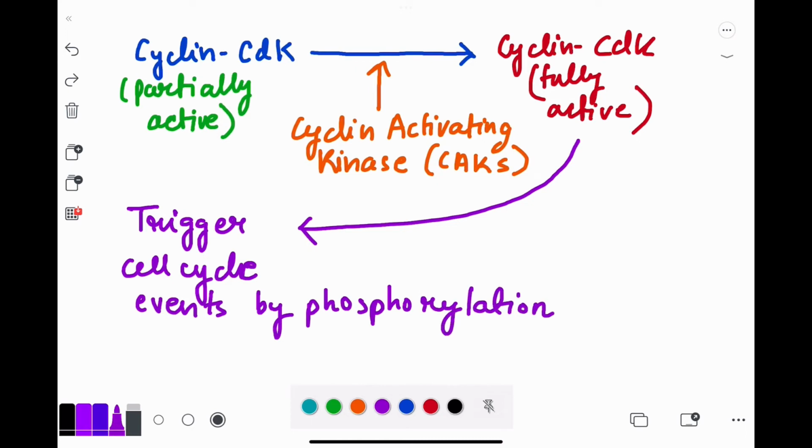I'm going to discuss this part in some other video. And sorry, this enzyme is not cyclin activating kinase, it is CDK activating kinase, or CAK. CDK activating kinases act to convert the complex from partially active to fully active.